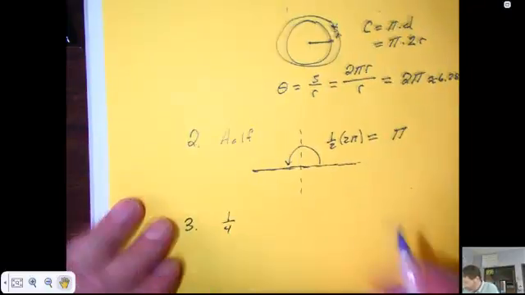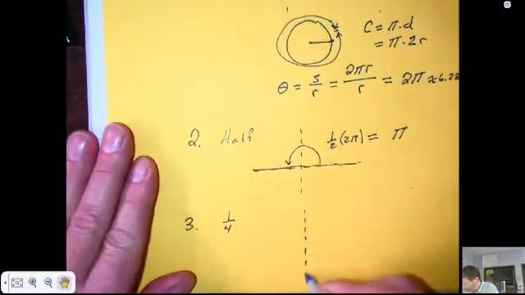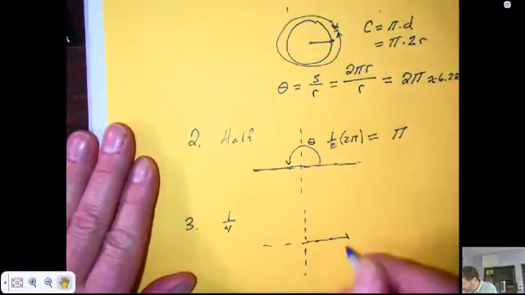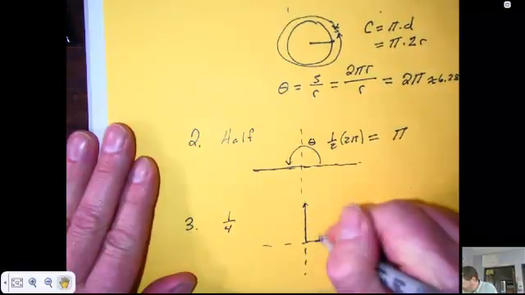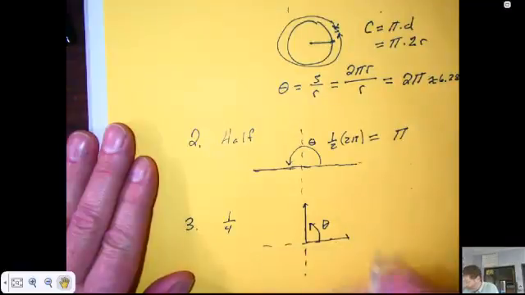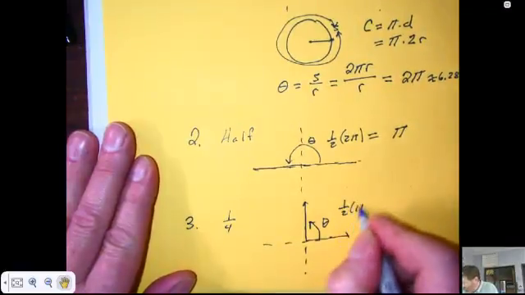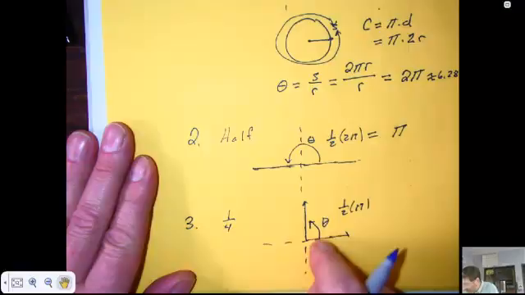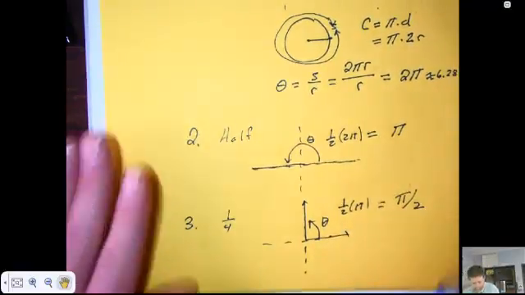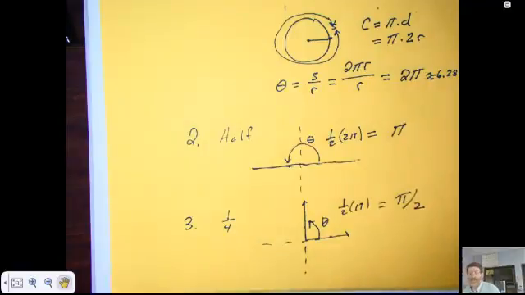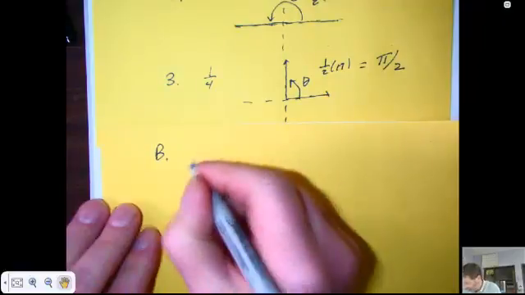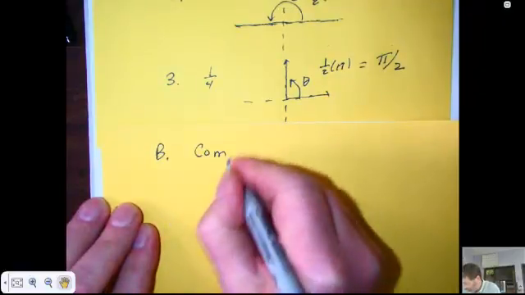And if we did a fourth, this is theta from here to here, that would be half of pi. If pi is here, half of that will be pi over 2. Okay? So let's compare degrees and radians.